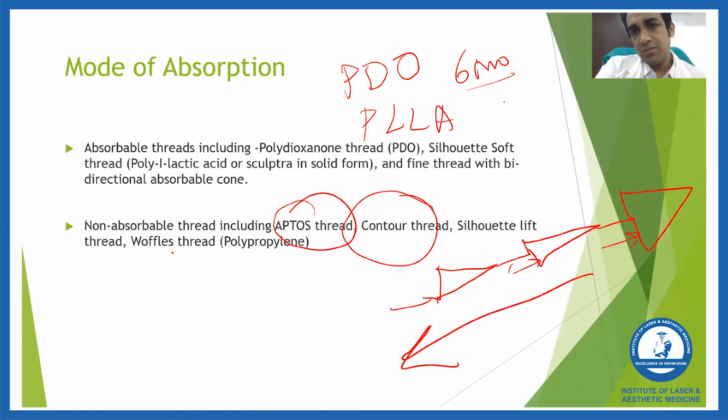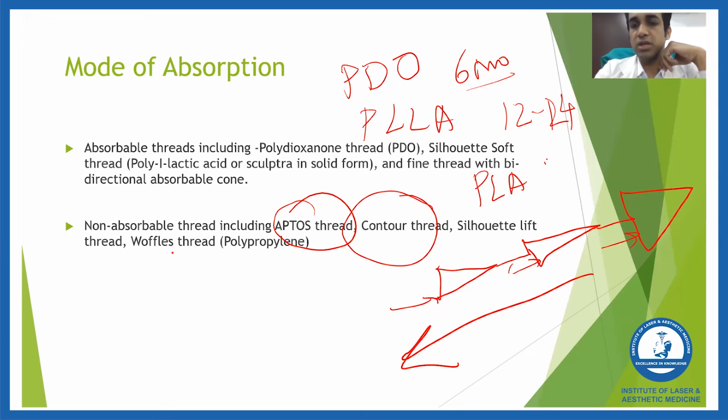PLLA is mostly 12 to 24 months, right? By the way, PLLA stands for poly-L-lactic acid. It is more or less like PDO only, in the sense that it is also a resorbable material, but it will take much more time than PDO to resorb. And then there is a plane without the L portion.